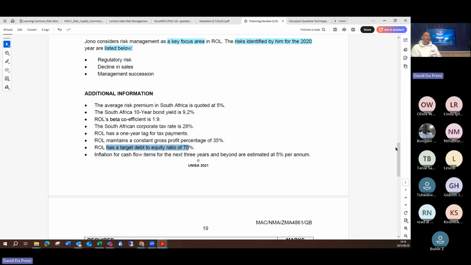Besides the mark allocation, why would you have also used the 70%? Let's think about that, whether it's right or wrong, as opposed to the mark allocation. I'm more comfortable with the debt to equity ratio. Yeah, but somebody might be uncomfortable with it. Remember, it's going to come back to that very principle we spoke about yesterday, and even earlier. You're always looking at the risk into the future.